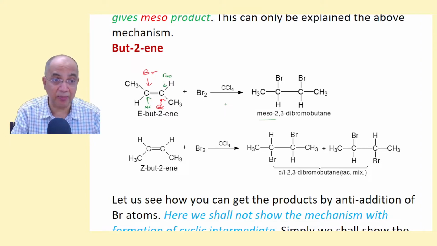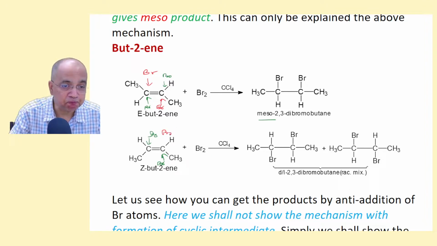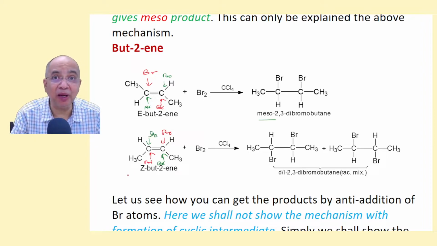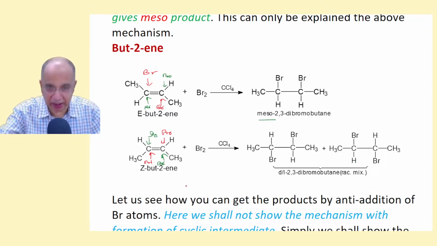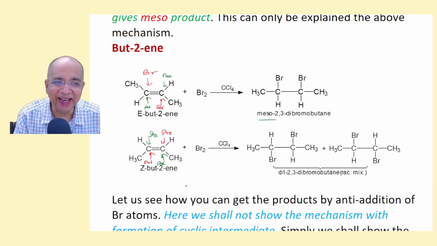But see what happens in cis. This is one possibility. And the other possibility is this. And both are non-superimposable, my dear. They are mirror images of each other. I will show you in a better way just below, a few scrolls down.